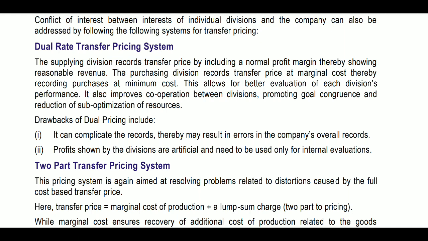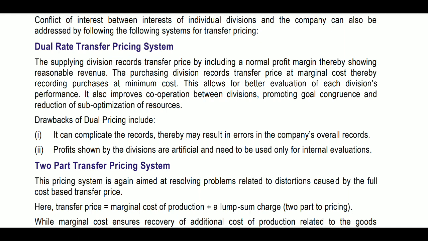So when you have a conflict, they will work individually. The supplying division will go for normal profit margin, and the purchasing division will go for marginal cost. Here there is better evaluation of each division's performance, and it improves cooperation. So you require cooperation: I sell at this amount, you record this amount, then we do not have demotivation.